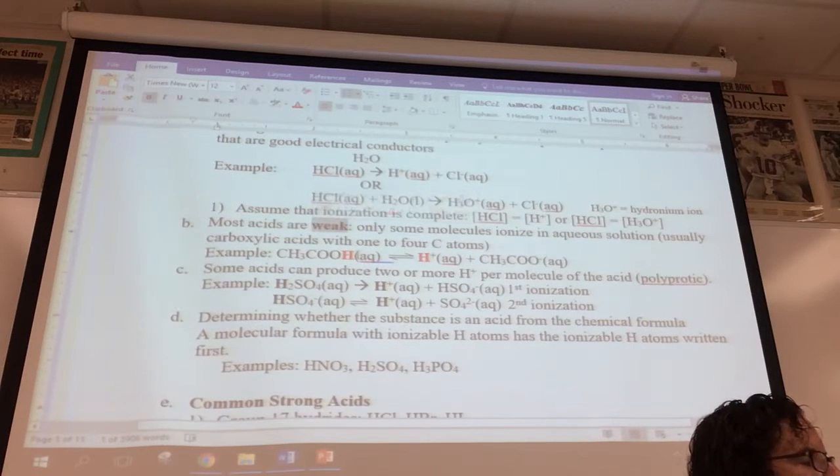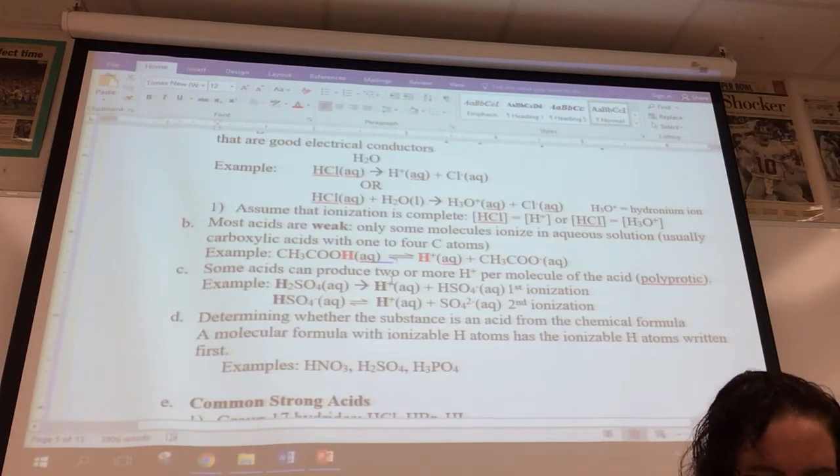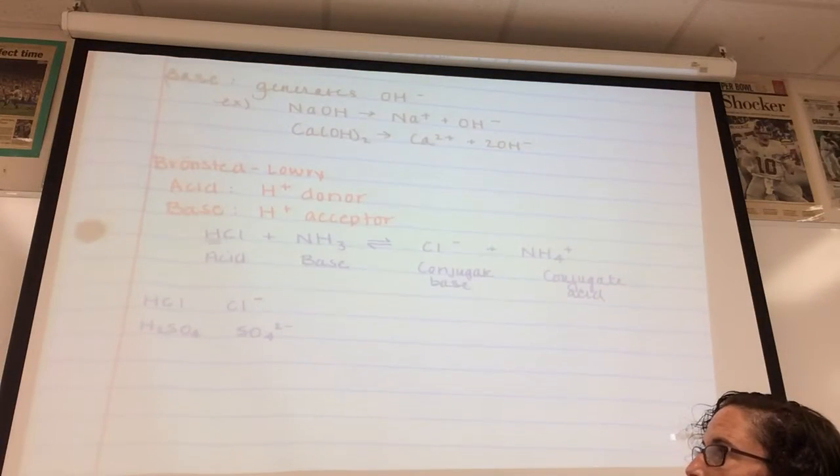Most acids are not strong but rather weak, and they only ionize partially. For example, if you have acetic acid, an example of a carboxylic acid with that COOH group, this is an equilibrium reaction. And so you've got that forward and backward reaction.